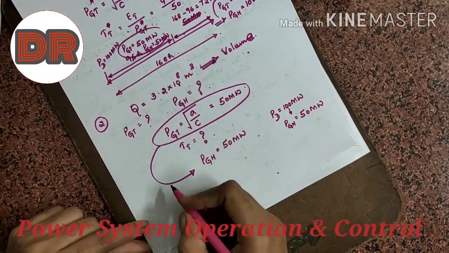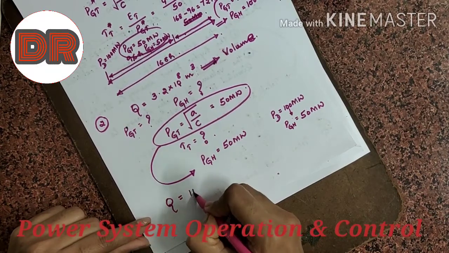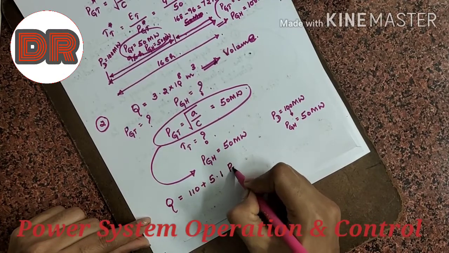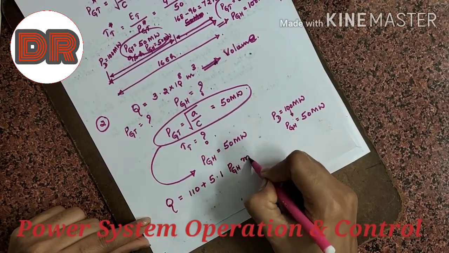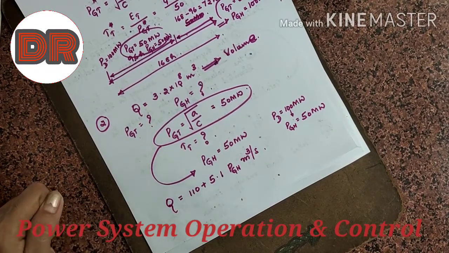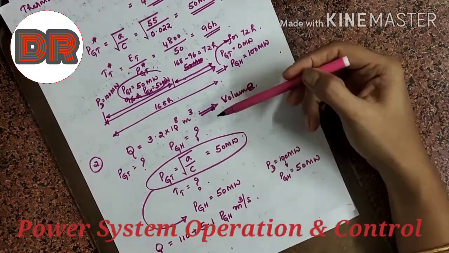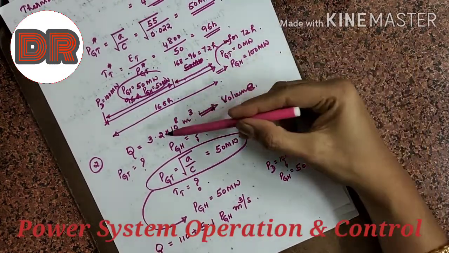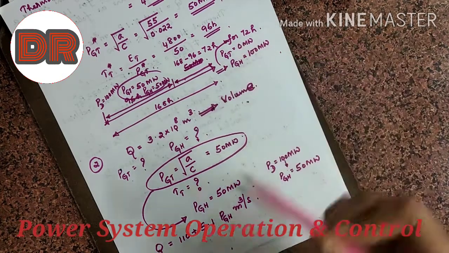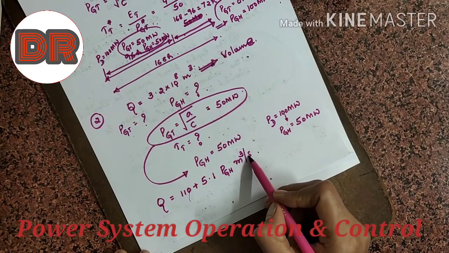So from the given characteristics, the Q characteristic is given, that is 110 plus 5.1 PGH meter cube per second. Please understand here, the given condition is water discharge, that is 3.2 into 10 to the power 8 meter cube, whereas here it is given in terms of meter cube per second.